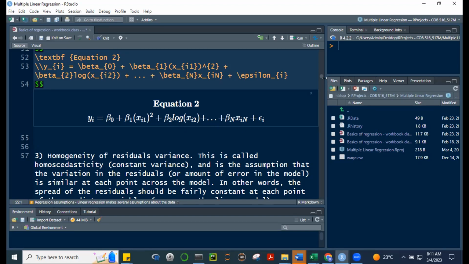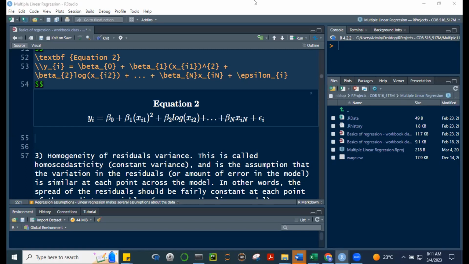It's okay. But the relationship between your dependent variable and independent variable should be linear, because it doesn't make sense to use multiple linear regression if the relationship between your independent variable and your dependent variable is nonlinear.